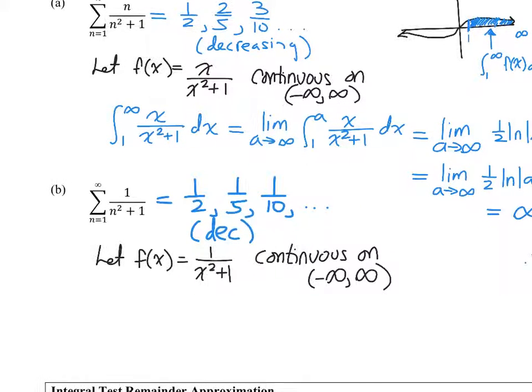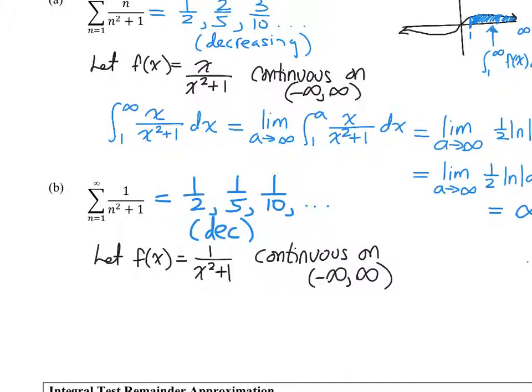So if you want to skip one step, it's fine. You can jump right to the step where we're saying the limit as a approaches infinity, going from 1 to a, because it's consistent. It's going to happen every time you apply the integral test. It's always going to have this structure, so I'm fine with you doing it this way. Of 1 over x squared plus 1 dx.